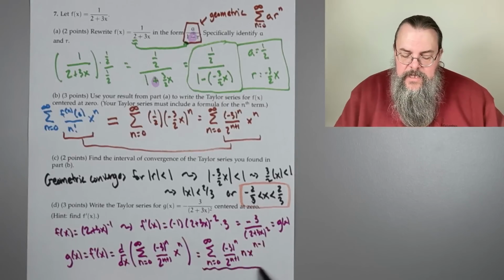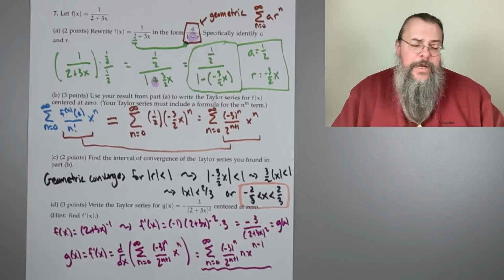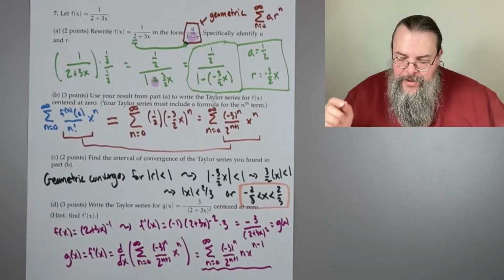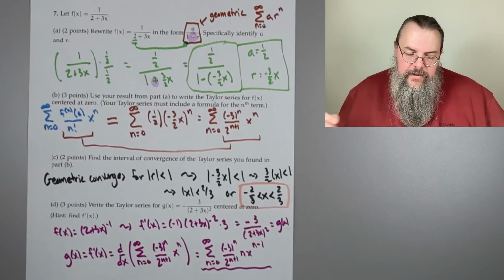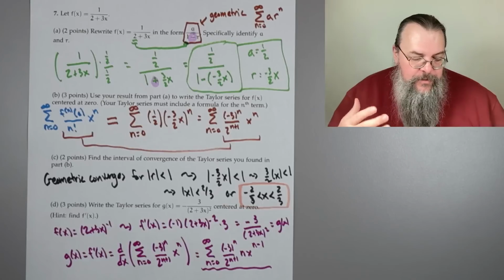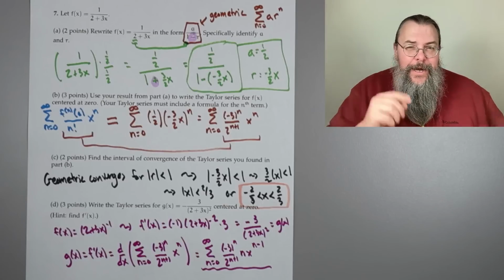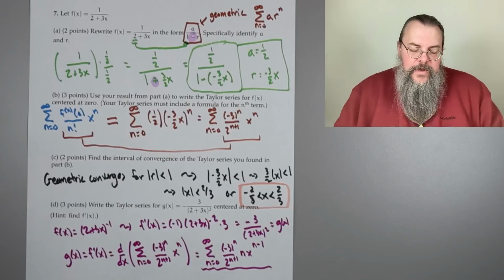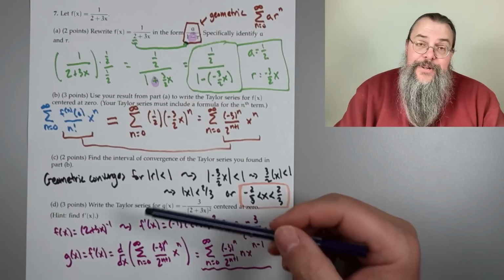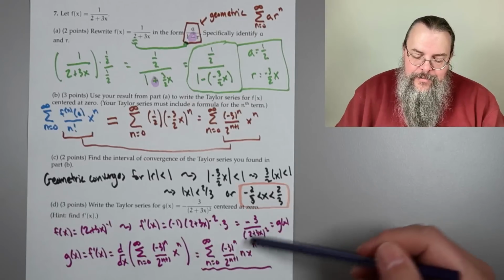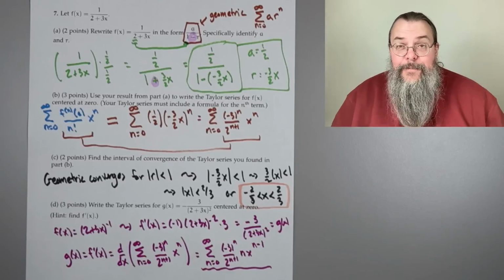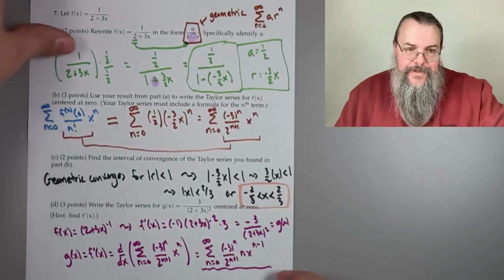Now, in some sense, that's the answer. We're going to do one more tweak, just because, well, they didn't really specify to do this, but I am suspicious. Usually when we talk about Taylor series, we want this to be x to the nth power, not x to the n minus first power.